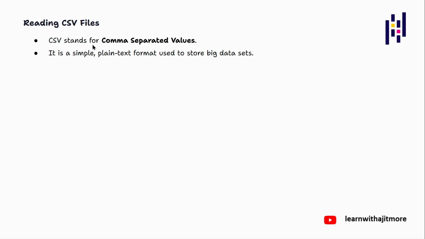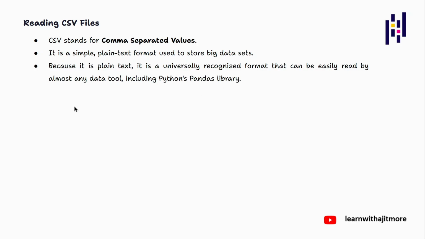Okay. So CSV stands for comma separated values. It is a simple plain text format used for storing big data sets. And because it's plain text, there's no special formatting and all. It is a universally recognized format that can be easily read in many different tools.